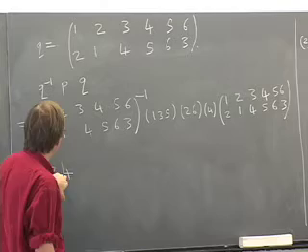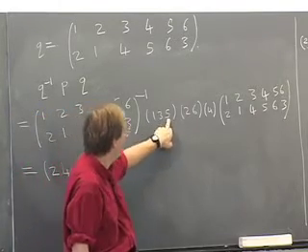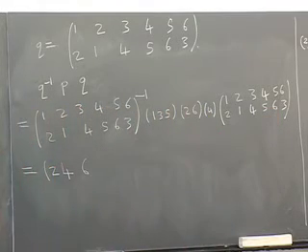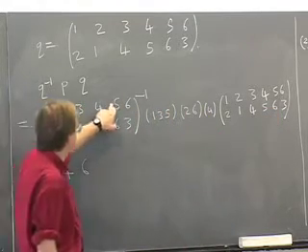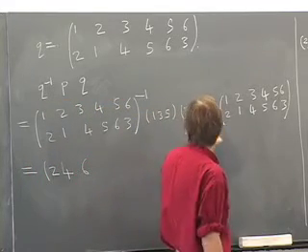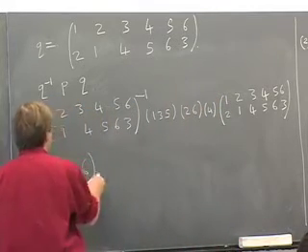Okay, 4. Where does 4 go to? Well, 4 came from 3, goes to 5, which goes to 6. And 6 came from 5, which goes to 1, which goes to 2. So it cycles back to 2.